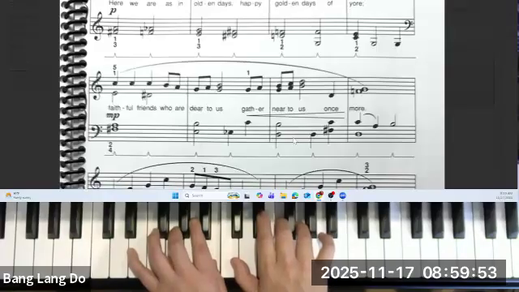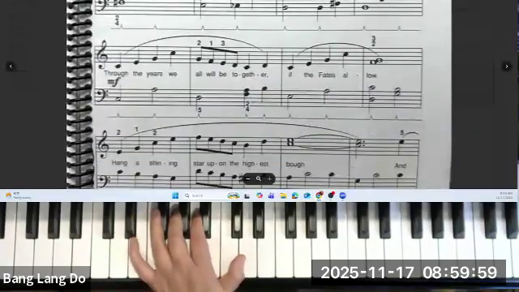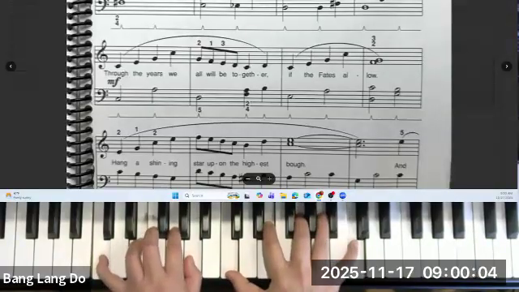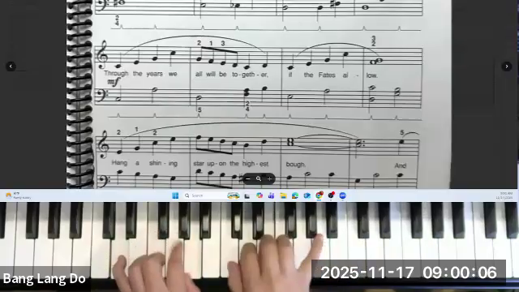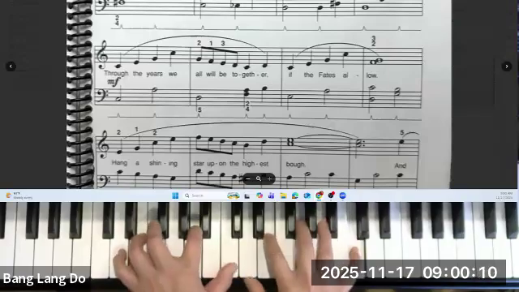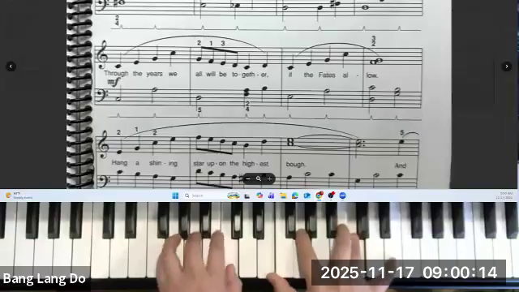I have to go somewhere. Because that G is chord 5, bringing us back to the beginning. There's nothing new here.